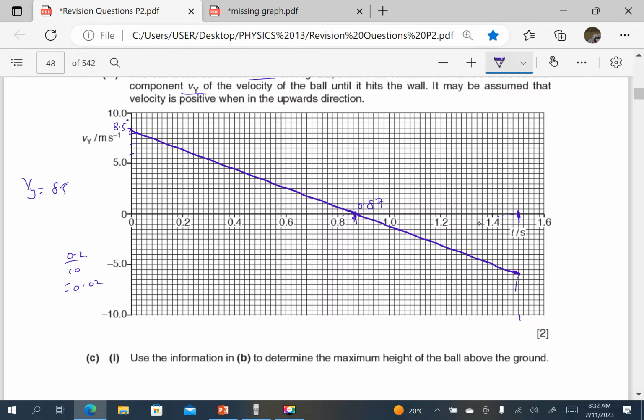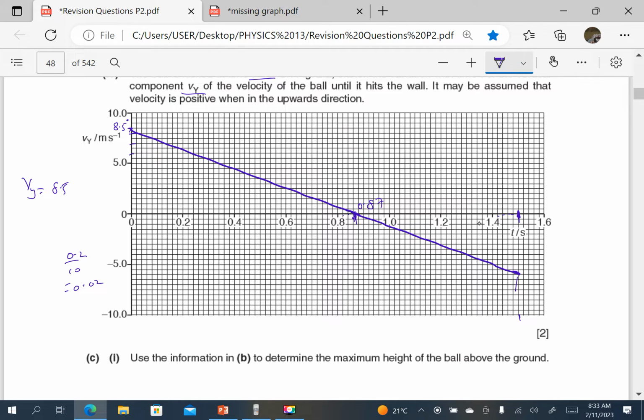So the graph stops around 1.5 at some value there. If you're very accurate on your sketch, you'll even get the velocity with which it hits the wall. Okay, so that is going to be our graph.